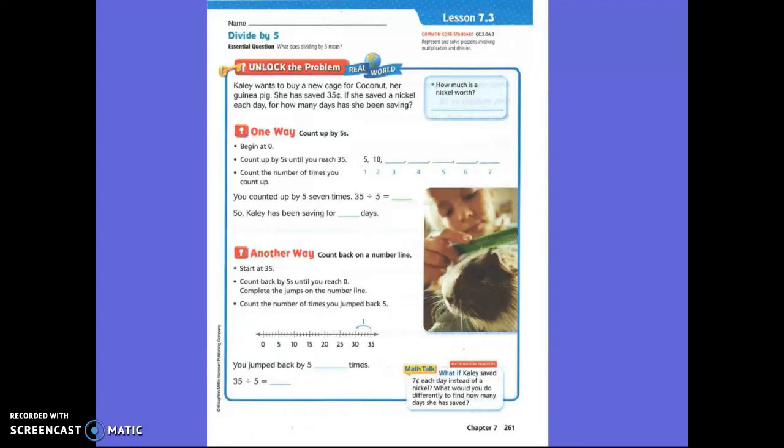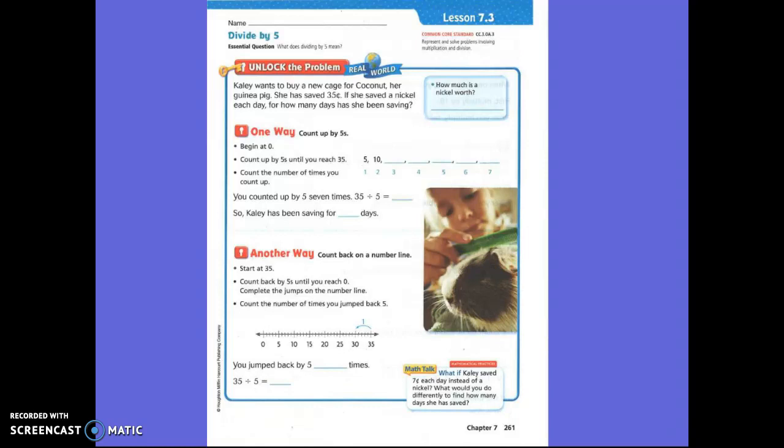Okay, boys and girls, today we are going to use skip counting, number line, and other multiplication strategies to divide by 5. Let's please read the story problem.